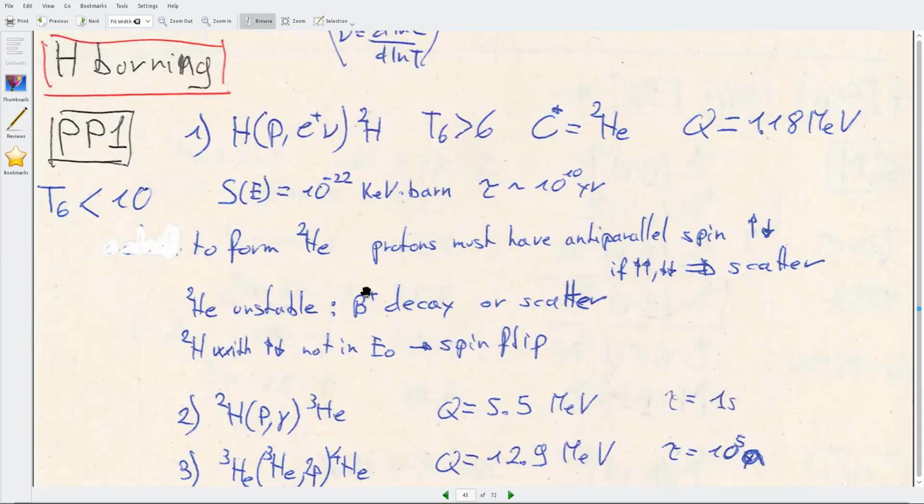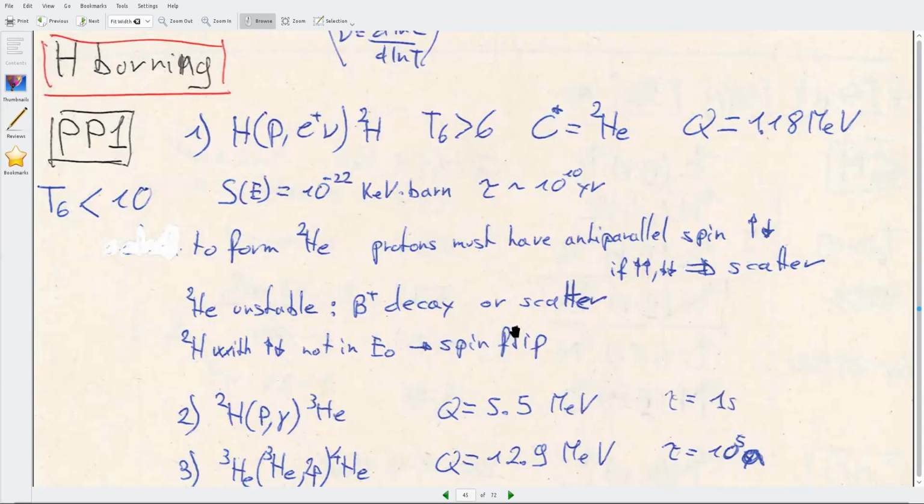Then you have helium-2 is unstable, you need a beta plus decay, or there will be a scatter. And then we need another change in spin, because antiparallel spin is not the basic one.